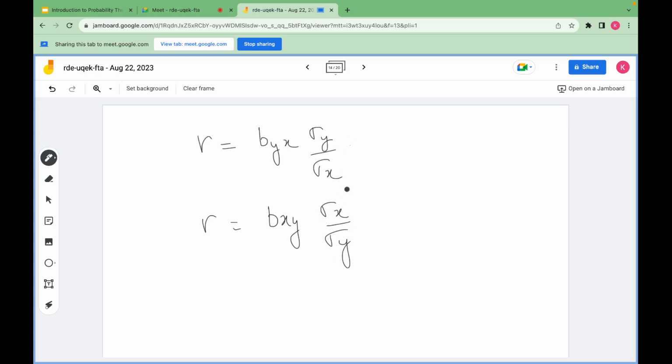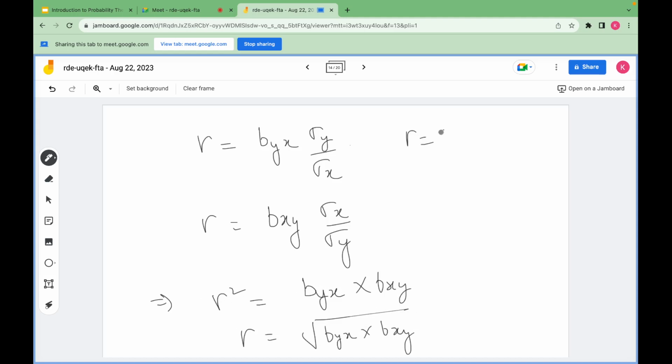So when we multiply both these equations, we will get r square is equal to byx into bxy, and r is equal to root over byx into bxy. This is the correlation coefficient.